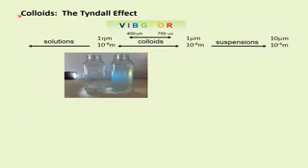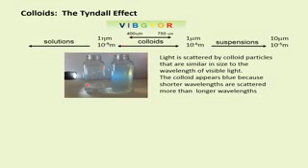Whenever colloids are discussed, the term Tyndall effect appears, so let's explain that. In this example, I have a beam of white light being passed through a solution first and then a colloid, and we see the observer from the side, that'd be you or I, cannot see the path of light through the solution, but we can see the path of light through the colloid. So light is scattered by the colloid particles that are similar in size to the visible light.